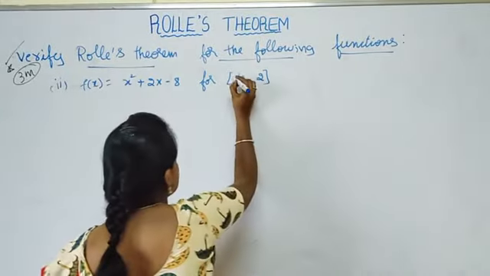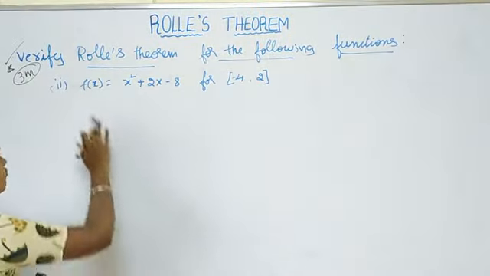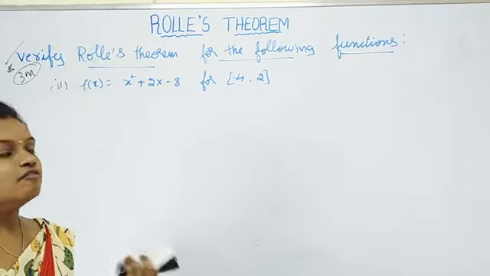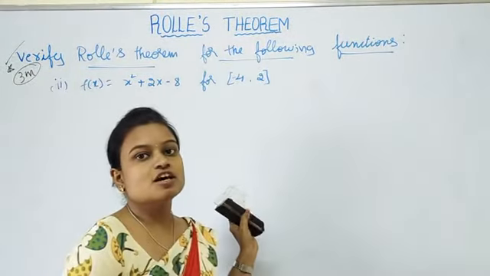Sorry, it is -4. Okay, we have to verify this function whether it satisfies Rolle's theorem or not.